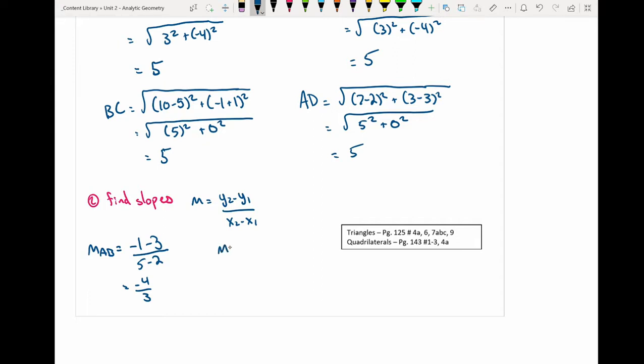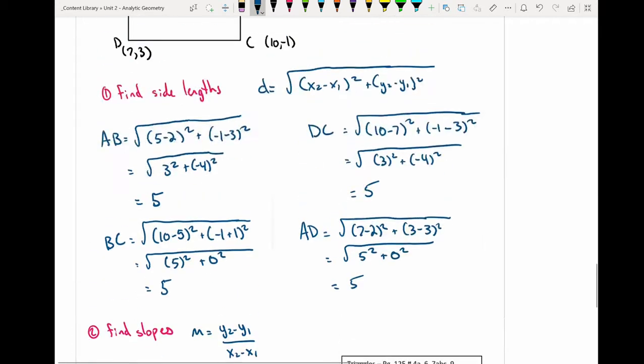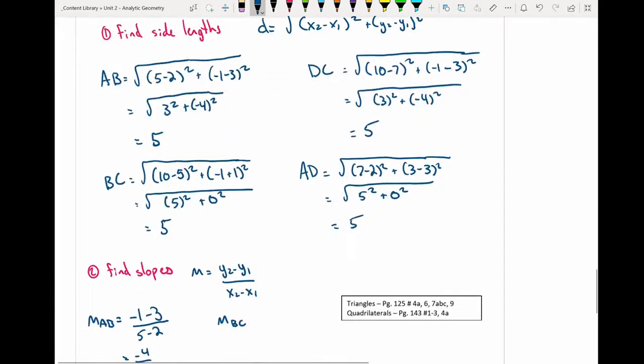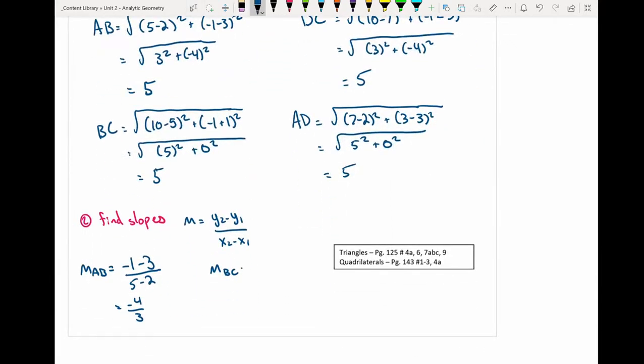Now I'm going to find the slope of BC because they're adjacent sides. If they're negative reciprocals, that means they've created a 90-degree angle. So for BC, I get (-1 minus -1), or 0, over (10 minus 5), which gives me a slope of 0.